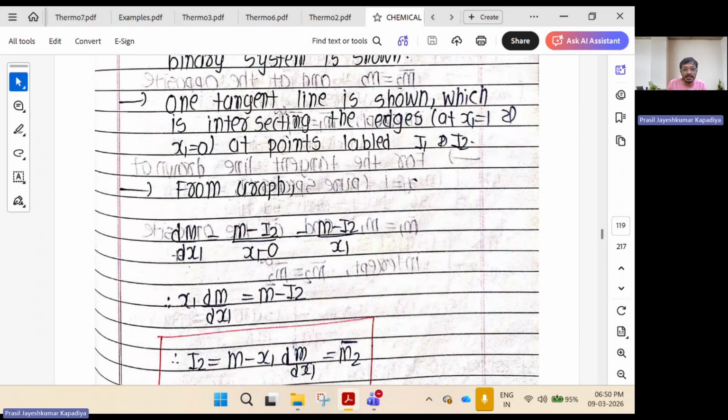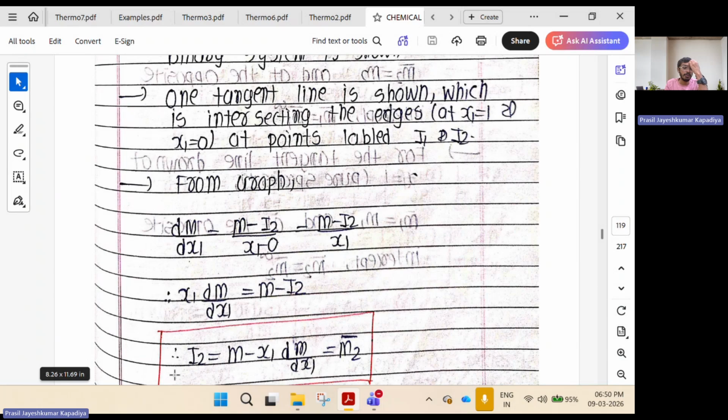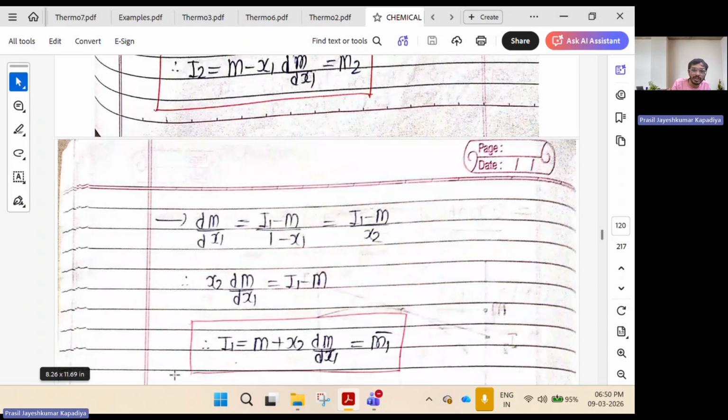So that is my slope. So if I rearrange this equation, x1 into dm dx1 is equal to m minus I2. So my I2 is equal to m minus x1 dm dx1. So what was my m minus x1 dm dx1? That was my m2 bar.